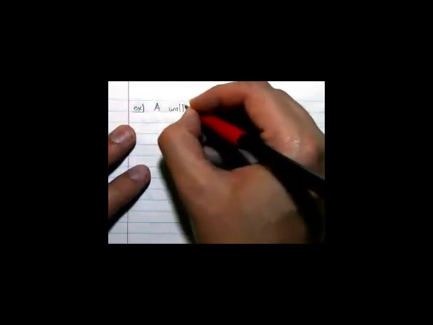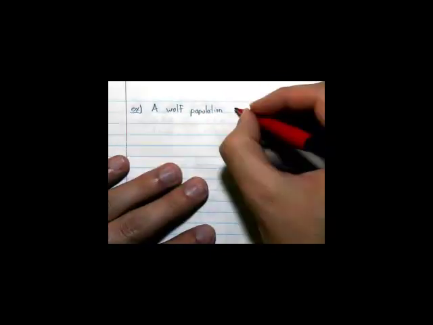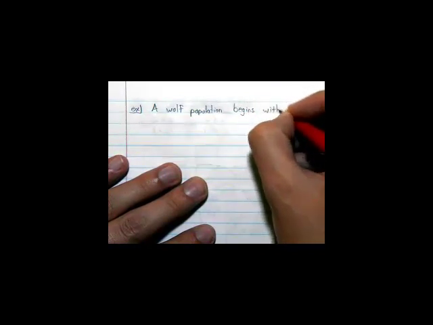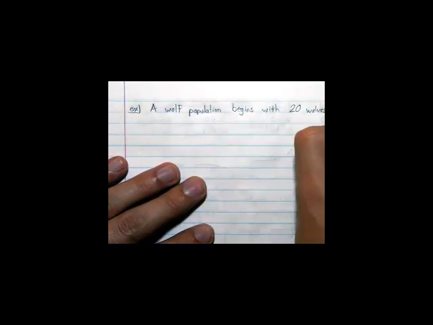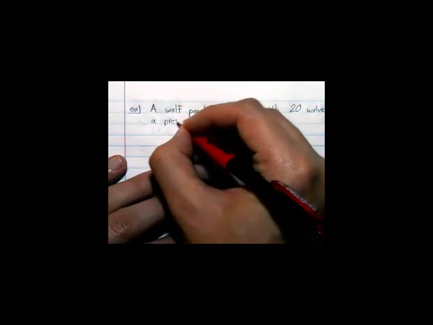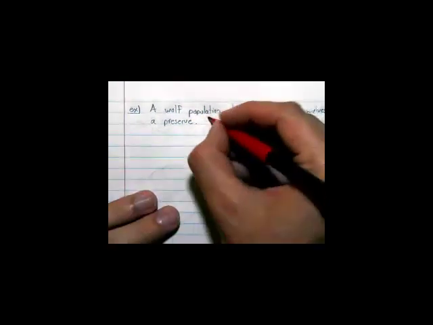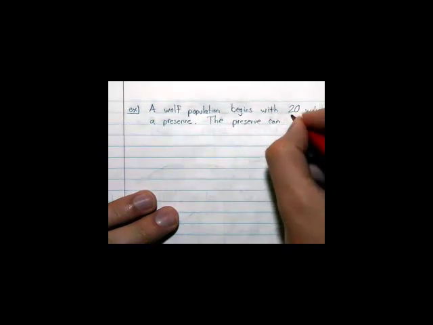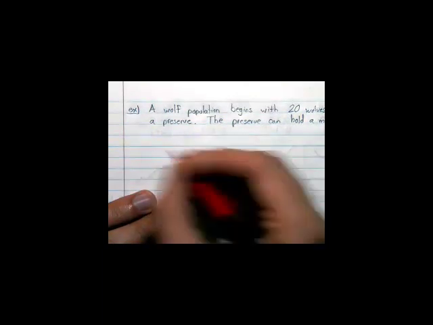So let's say we got a wolf population. It begins with 20 wolves in a preserve. The preserve can hold a maximum of 200 wolves.